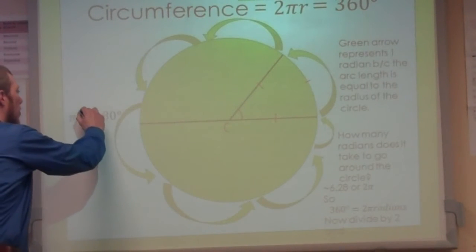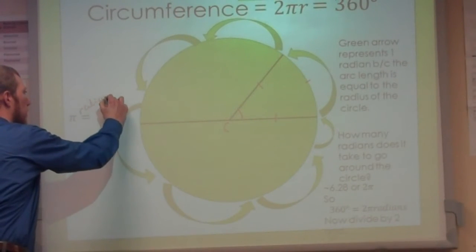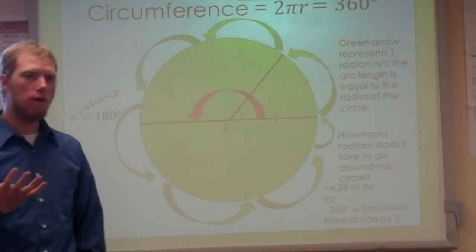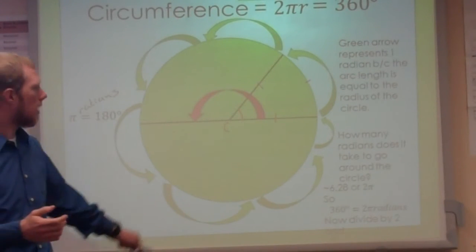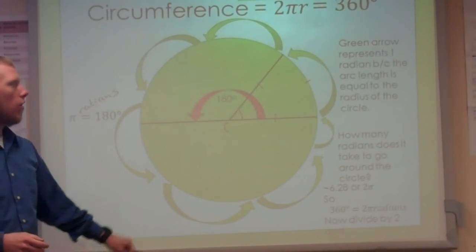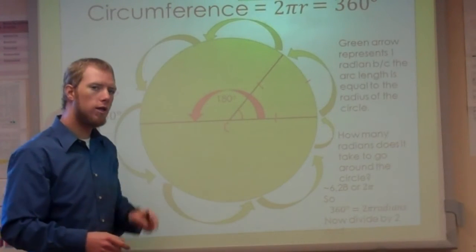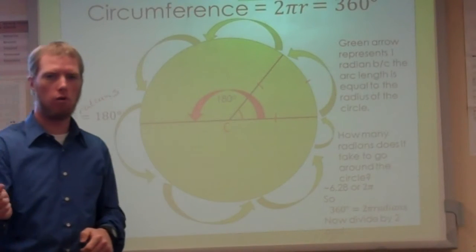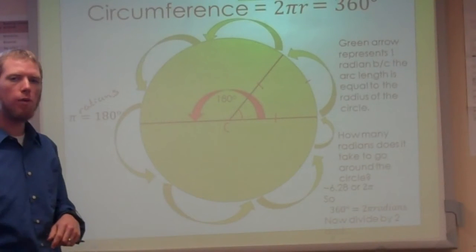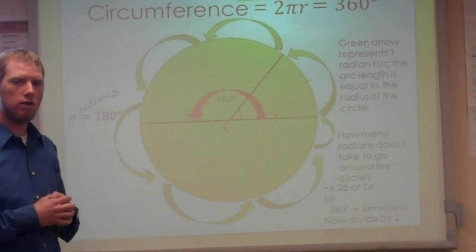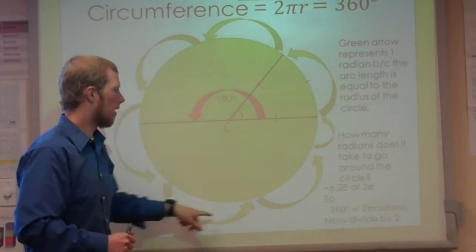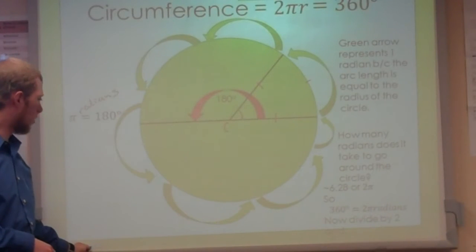Just to clarify, the significance of 180 degrees is that it is half of our circle. So to go halfway around the circle, you need 3.14 radians. To go all the way around, you need 2 pi radians. From here on out, we'll say pi radians to go halfway, and 2 pi radians to go the entire way around the circle.